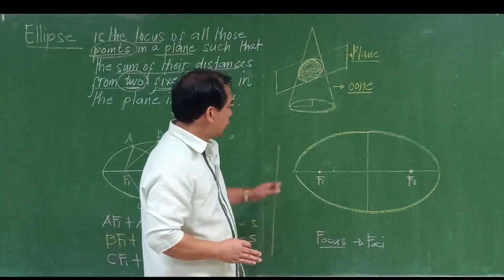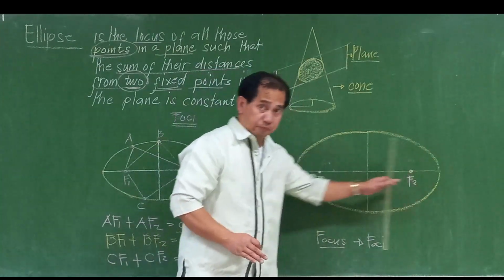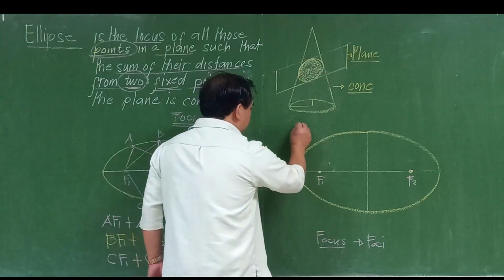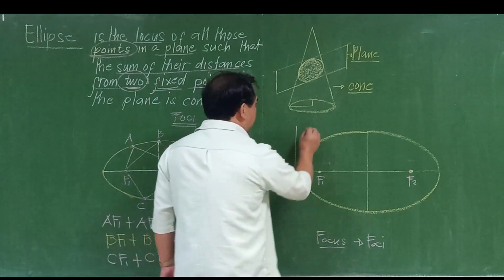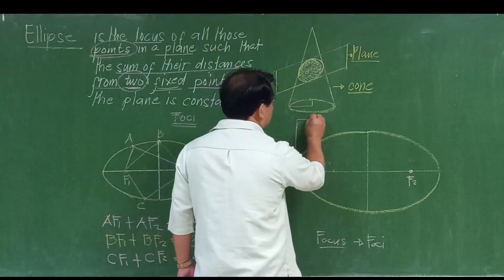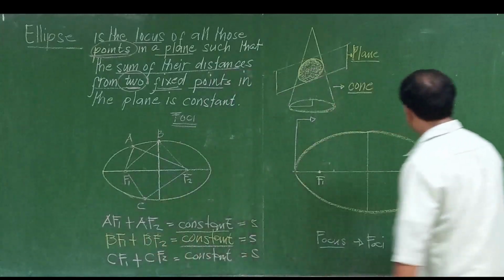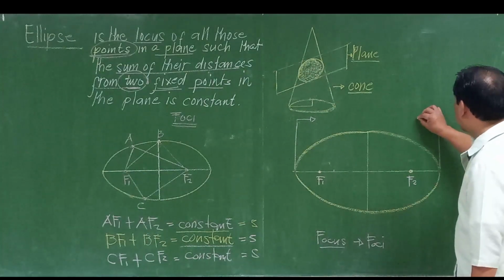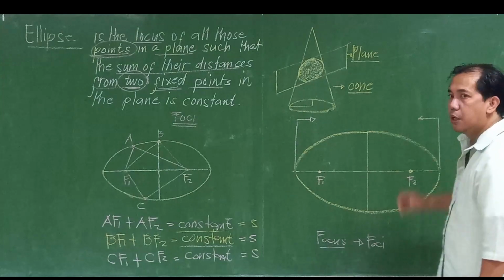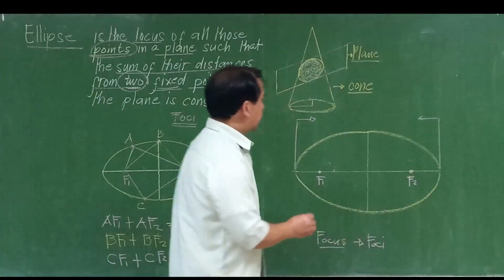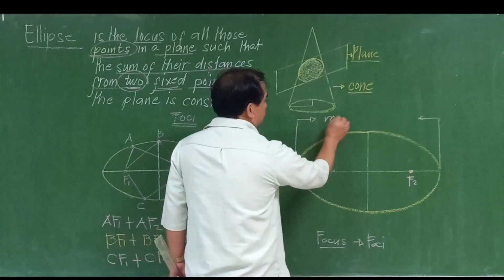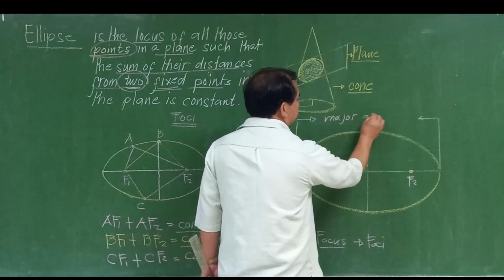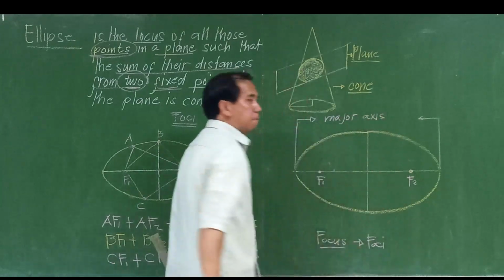So, what is the longest axis in here? We have the x-axis. So, if I have to locate the major axis, my major axis is this part. I will label this one to be my major axis.